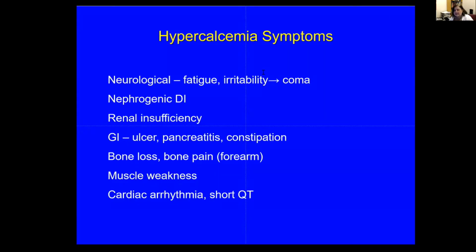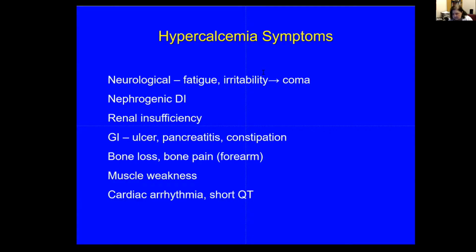The symptoms that patients mention are fatigue, irritability, and we do see coma in the hospital due to very high and relatively rapid onset hypercalcemia. We do see nephrogenic DI, which usually leads to dehydration. Patients can't stop urinating. They have renal insufficiency. As a result, they can have GI symptoms, including constipation, it's the mildest, or they can develop ulcer, pancreatitis.